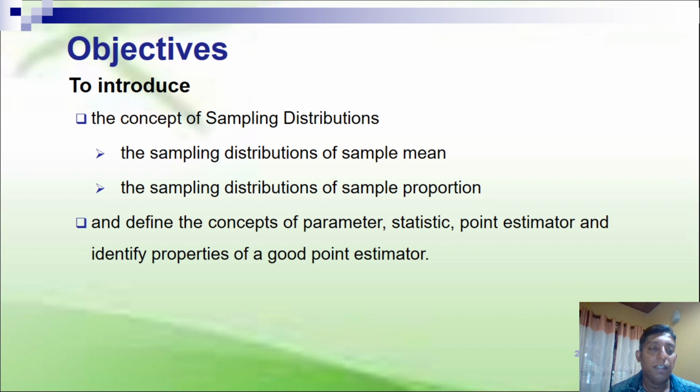That means we just start the inferential statistics, estimation. Under the estimation chapter there are two estimation methods, point estimation and interval estimation, but in this lesson we are going to just introduce point estimation.